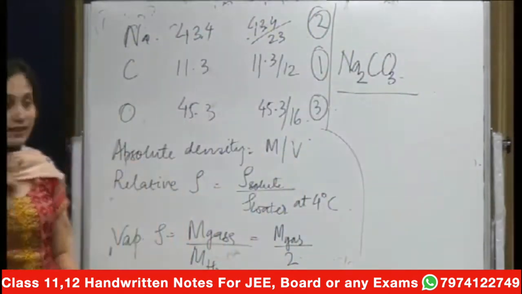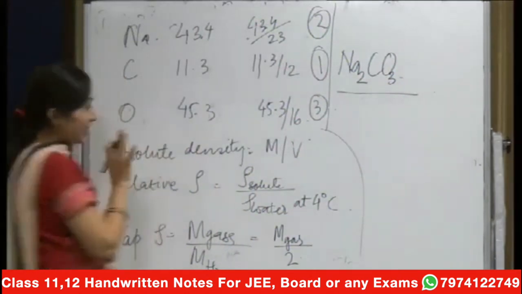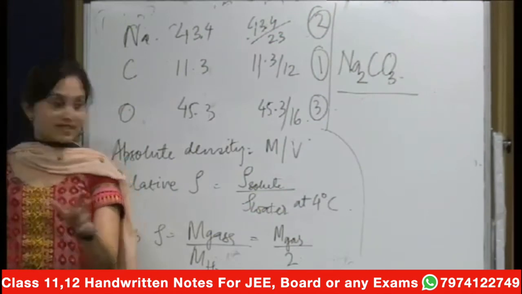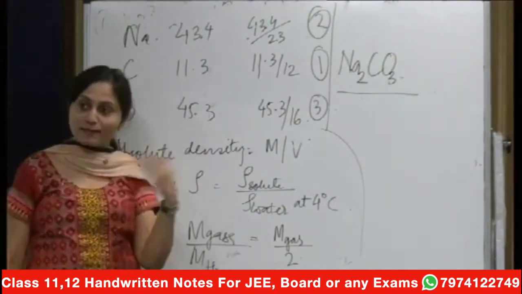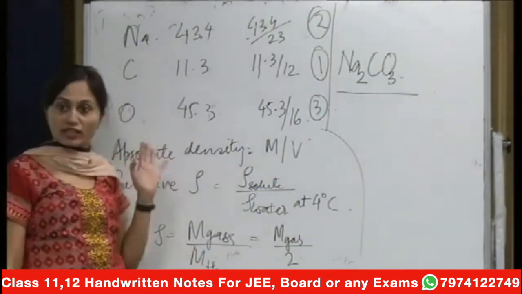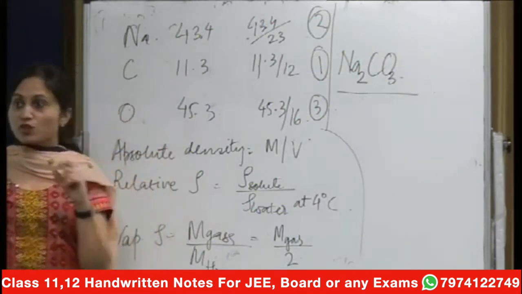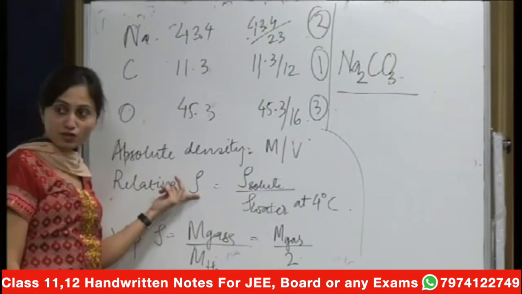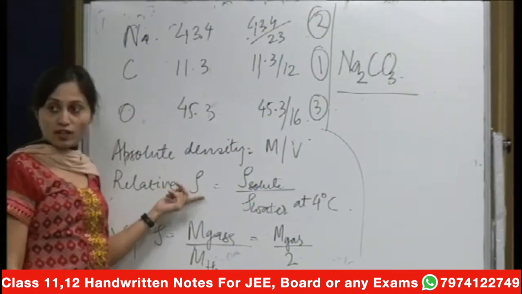Now another thing that I want you to pay attention to is a very important concept, that of density. Density is mass by volume, that you call your absolute density. There is some term which is known as relative density, and I am just using the symbol rho for density.